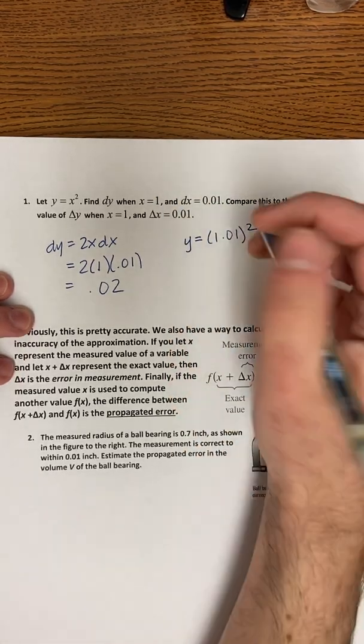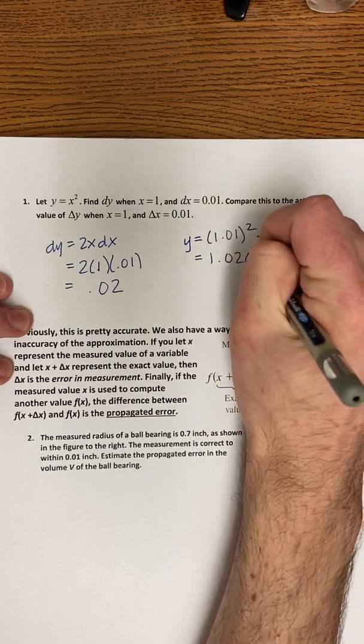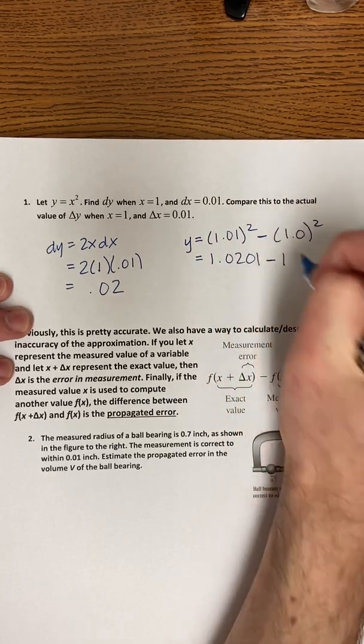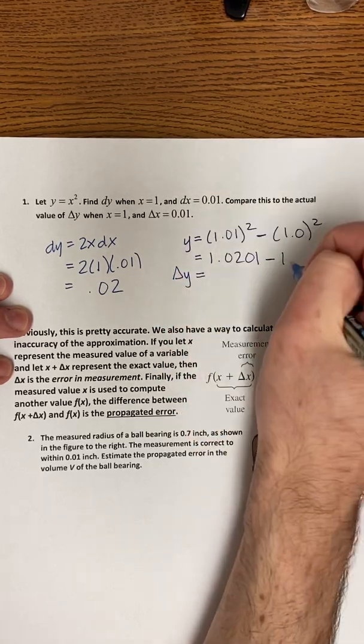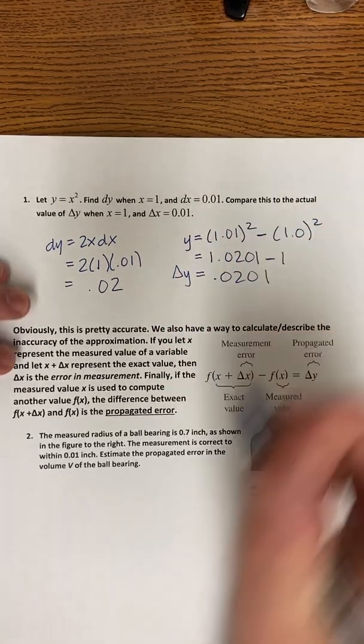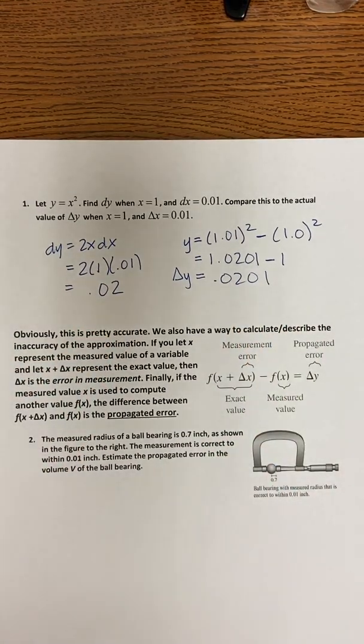Now what is 1.01 squared? It's 1.0201. 1 squared is 1. So really the change in y here would have been 0.0201. Now if we look at these two things, are they very close together? Yes. So this is pretty accurate, as you can see.